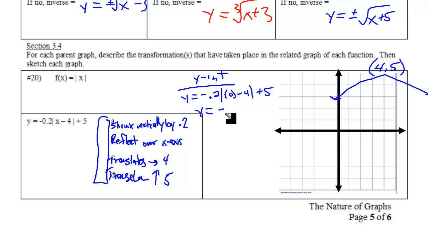Zero minus 4 is negative 4. Absolute value of negative 4 is 4. Negative 0.2 times 4 is negative 0.8. Plus 5 is 4.2.